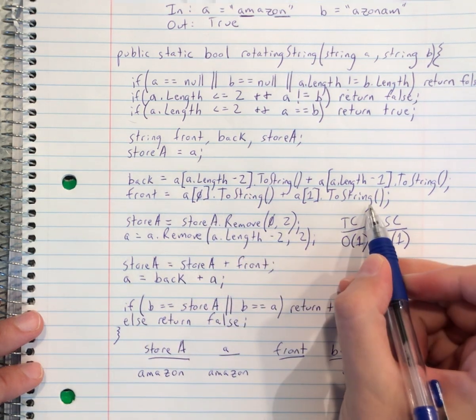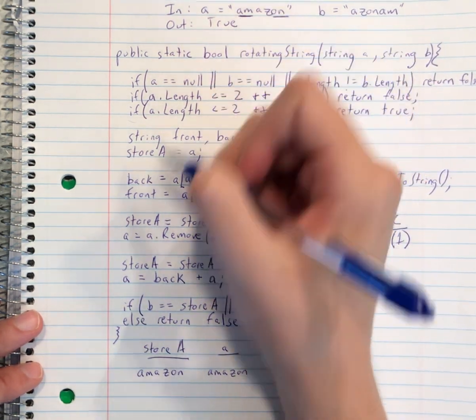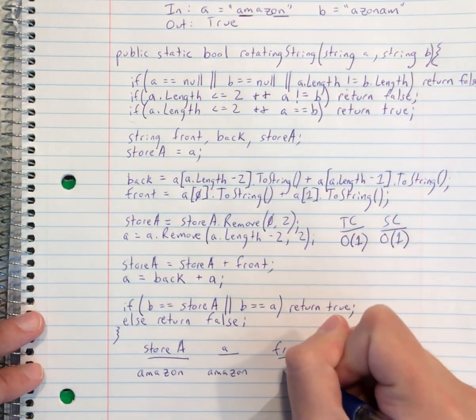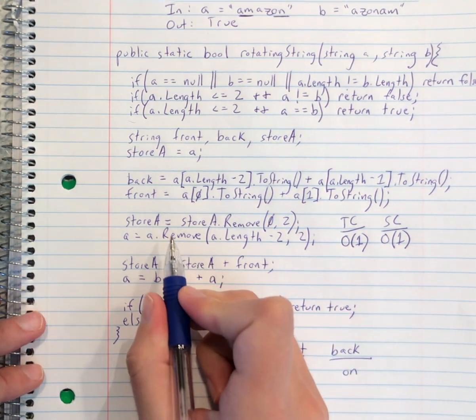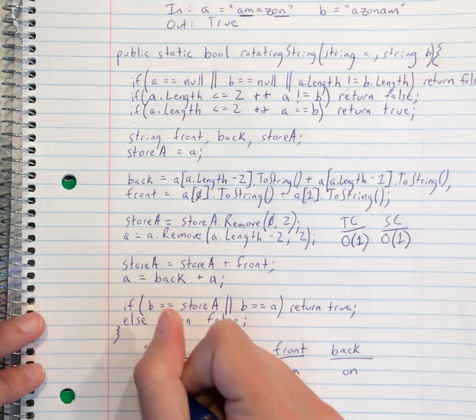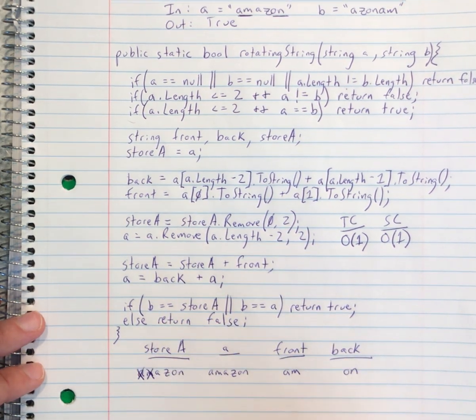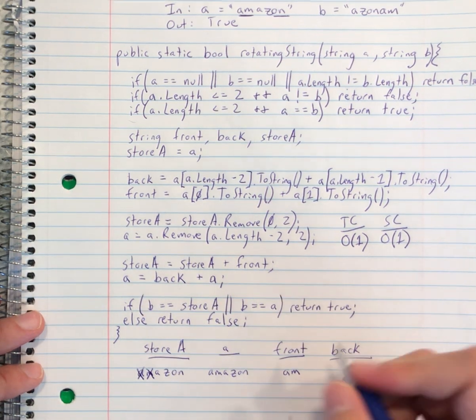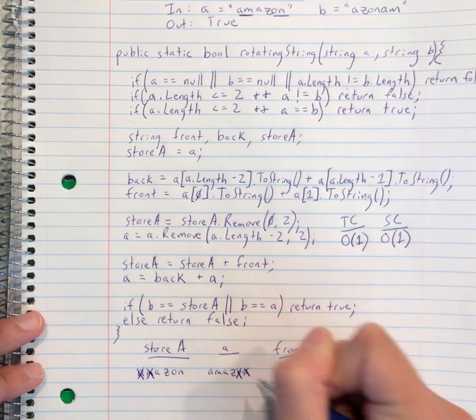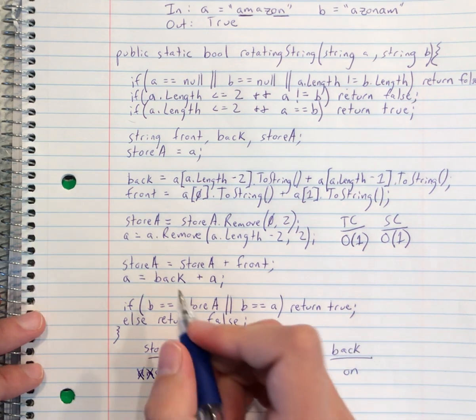Likewise, the first two letters in A are assigned to front. A is now AM. Store A, we're removing the first two characters. Store A is now Azan. A, we're removing the last two characters. A is now Amaz.